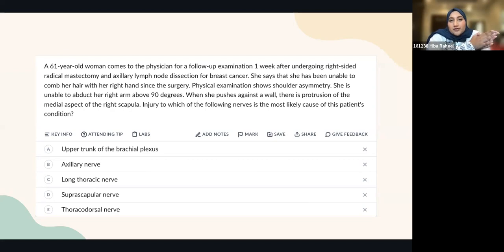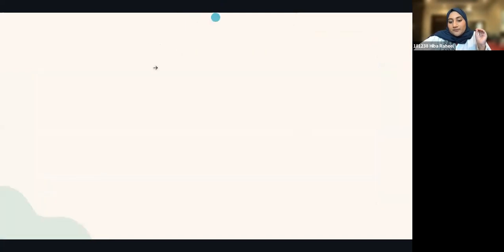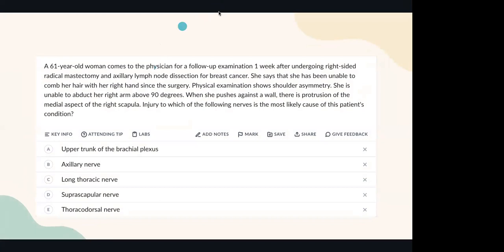One of the nerves that runs over it is the long thoracic nerve. So during the surgery, if the surgeon is not careful, they can nick the long thoracic nerve. And once it is damaged, a muscle is paralyzed. Can anyone tell me what muscle is paralyzed if the long thoracic nerve is damaged? Serratus anterior. Excellent, very good job.